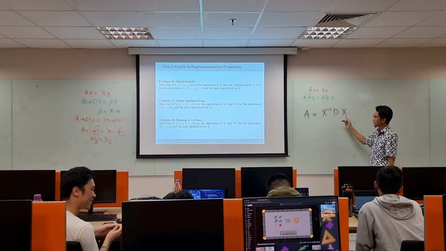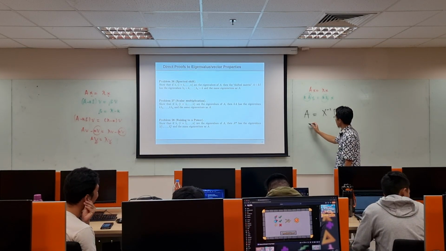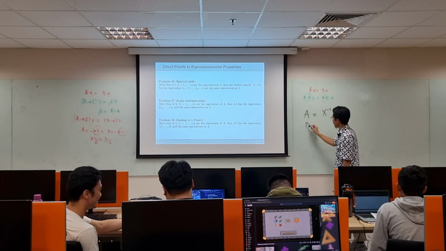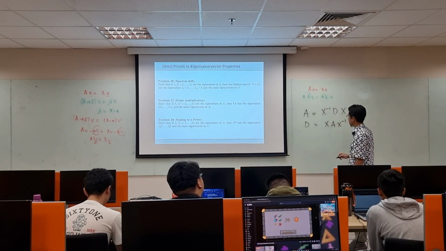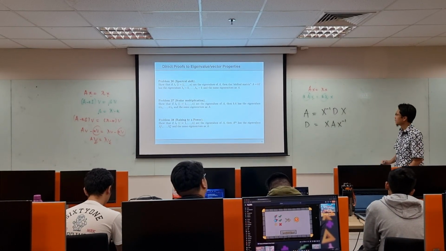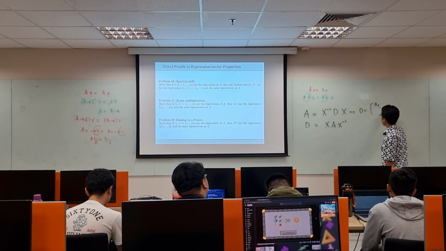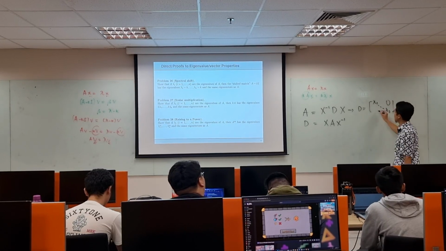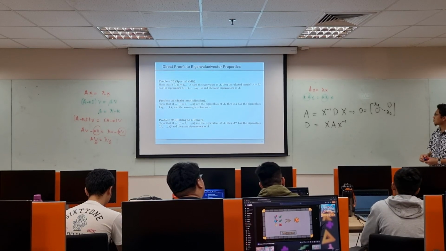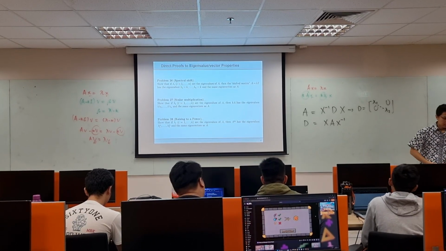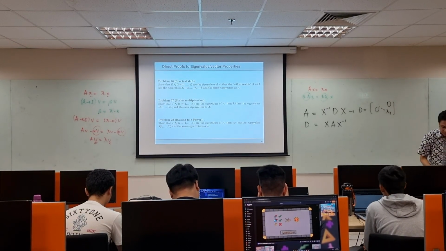So this is the eigenvectors, and my D in here is X inverse A X. In this case, D contains all of the eigenvalues of A, like that. So I'm doing the diagonalization in here.